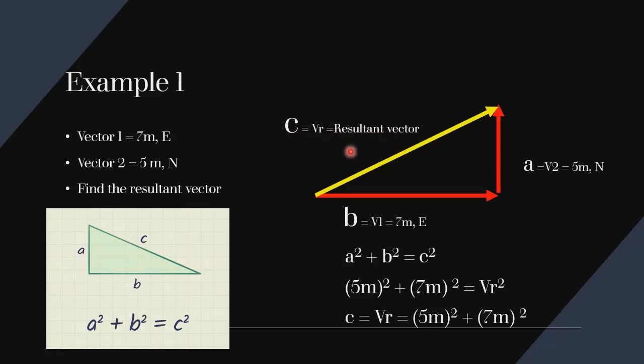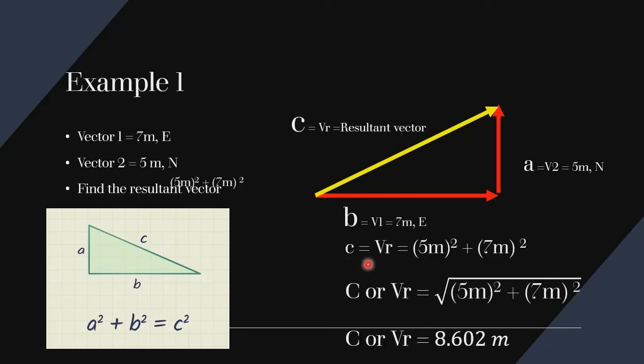And so we are going to make use of this formula: a squared plus b squared equals c squared, where our a squared is 5 meters raised to the power of 2, and our b squared is 7 meters raised to the power of 2, which is equal to our c, which is v sub r, also raised to the power of 2. So v sub r squared is equal to 5 meters squared plus 7 meters squared.